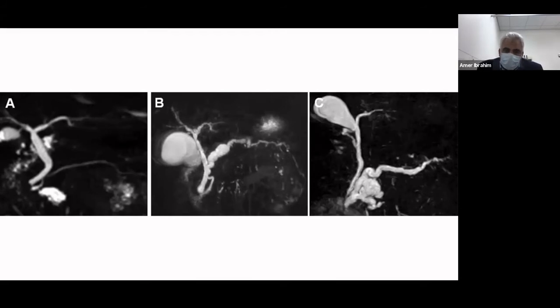However, if you have one of the four things we said, like in B, for example, you have main duct dilatation, or there is an enhancing or non-enhancing nodule in the wall of the cyst, or the cyst is more than 3 centimeters, or the cyst is causing symptoms, like the patient has had 2 or 3 episodes of pancreatitis before, then this is likely to change to malignancy, or probably already has malignant transformation.